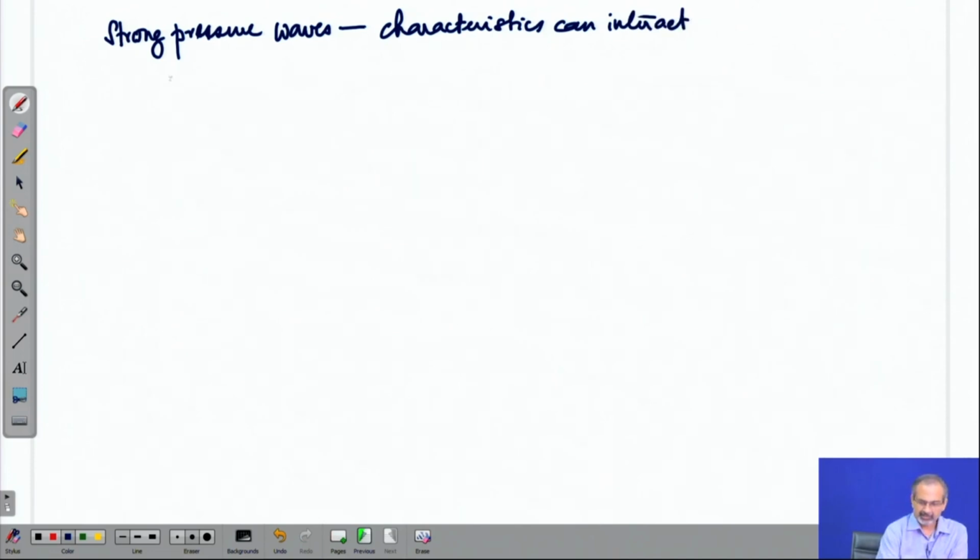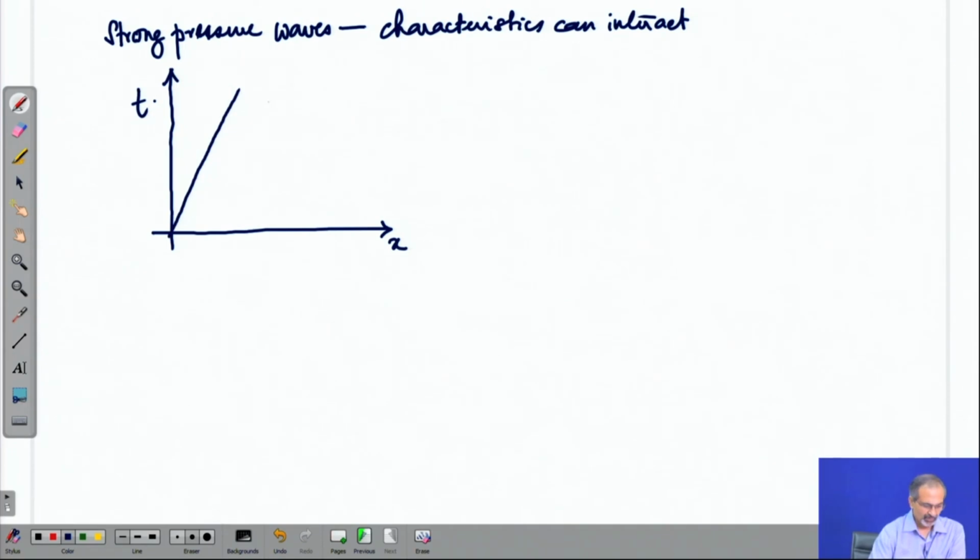And since in this lecture we are going to look at shock waves, let us revisit the nature of the characteristics when we look at shock wave formation.